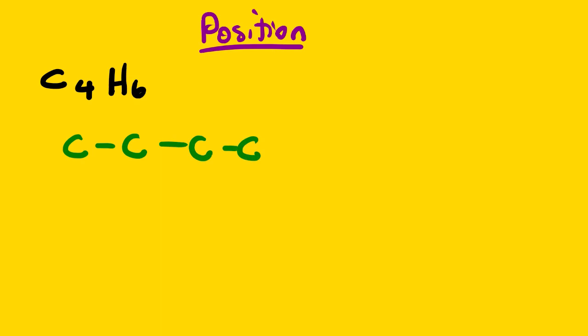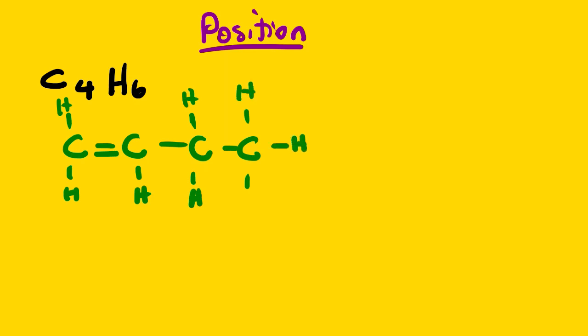So you can see that we cannot have 6 hydrogens unless we have a double bond. So let us just put it here. So we have 1, 2, 3, 4, 5. There's something wrong here.